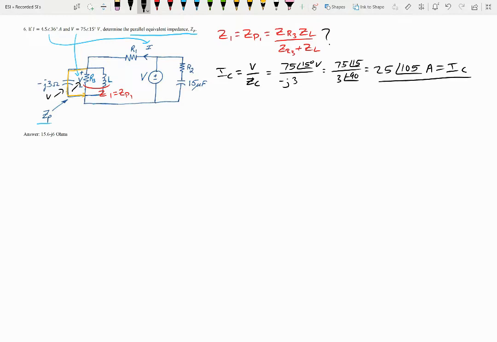All right. So now that we have I of C, let's assume that we combine the ZP down. Okay, I'm going to redraw it for us over here.